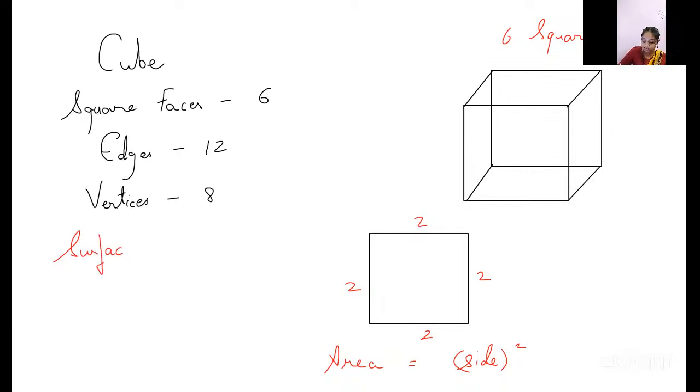Surface area of cube becomes 6 into side square. It means we take the square of the side and multiply it with 6 to get the surface area of a cube.